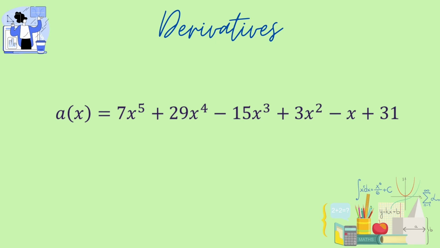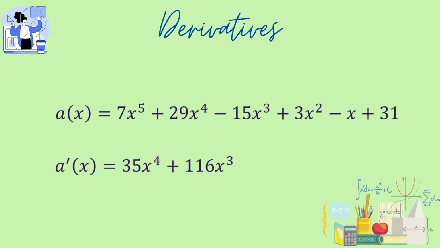Applying what we have learned, a prime of x is equal to 7 times 5 or 35 as the numerical coefficient times x raised to the exponent 5 minus 1 or 4. For the next term, we have 29 times 4 or 116 times x raised to 4 minus 1 or 3.